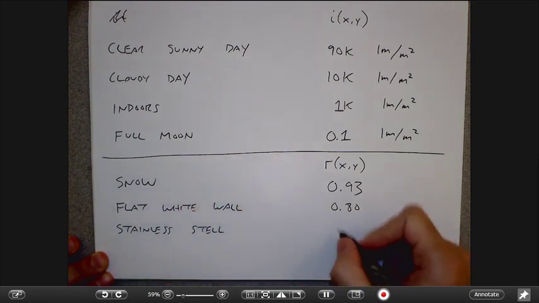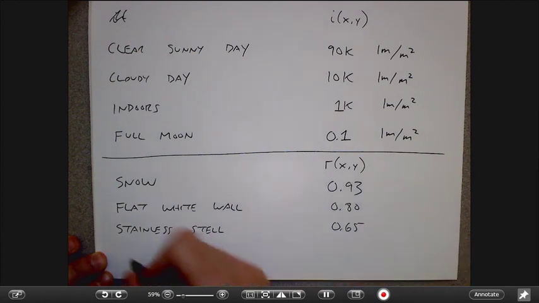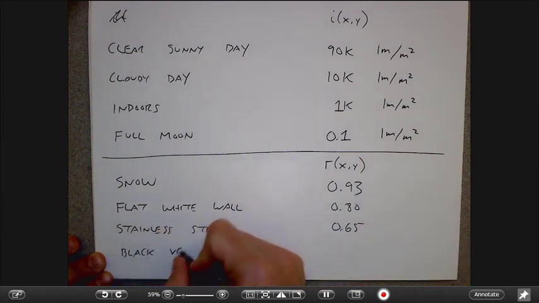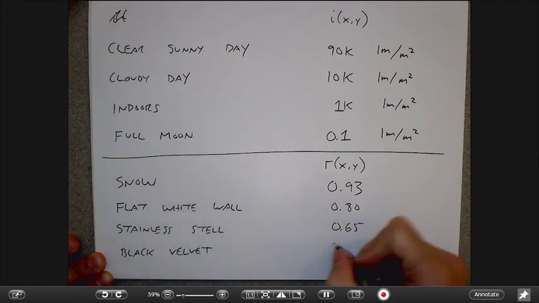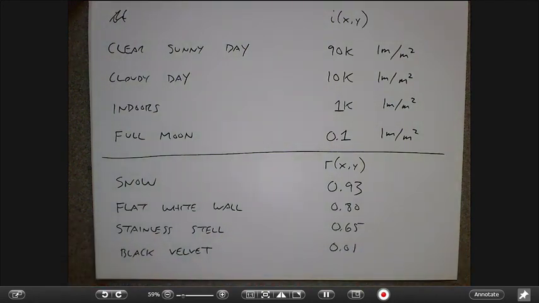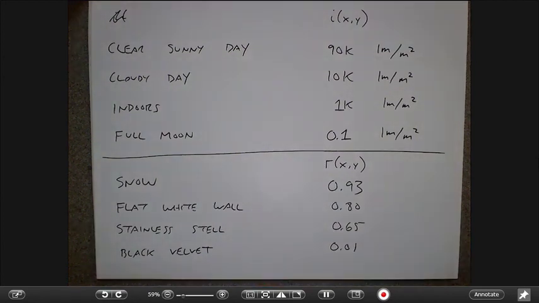Stainless steel, like your dishwasher, if you've got a nice dishwasher, is about 0.65. And something like black velvet, which seems to suck all the light out of it, has a very low reflectance of about 0.01. But anyway, this tells a little more of the story about how much light actually shows up on the CCD sensor: a complicated combination of stuff coming from the world, the properties of the objects being imaged, and the sensitivity of the sensor.